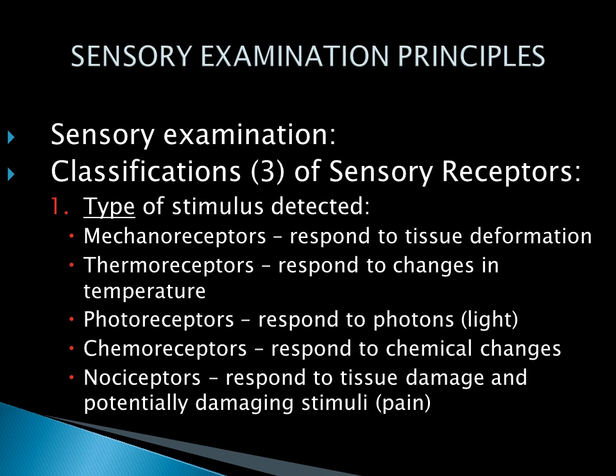There are other populations of receptors that respond to photons. In other words, that respond to light. Now, where would those receptors be located? Probably located in the retina of the eye, correct? Other sensory receptors respond to chemical changes or respond to the presence of chemicals.